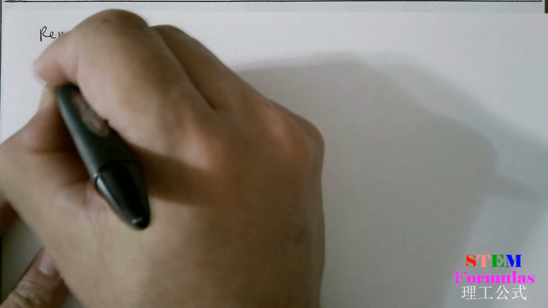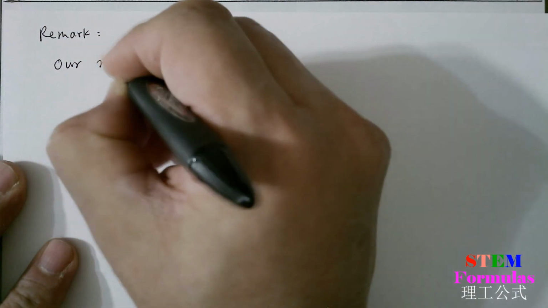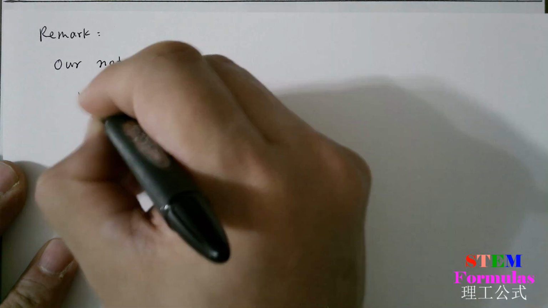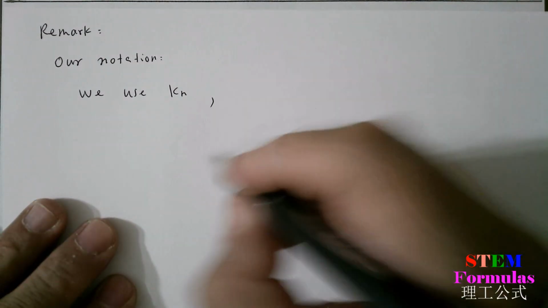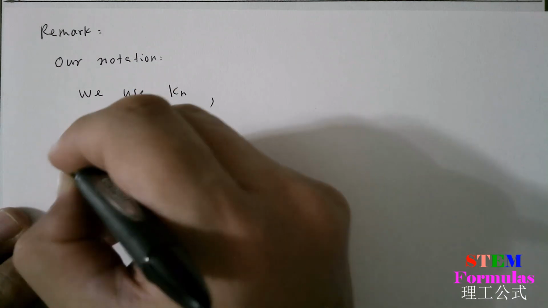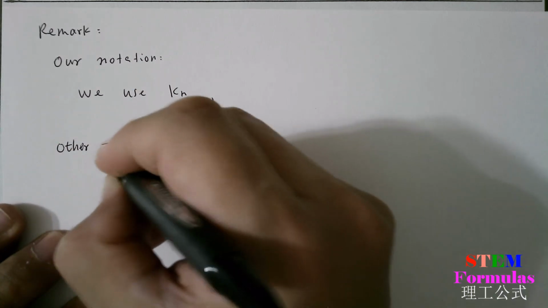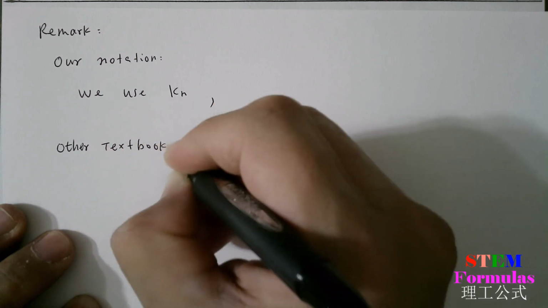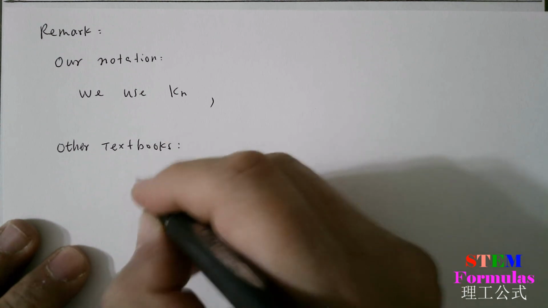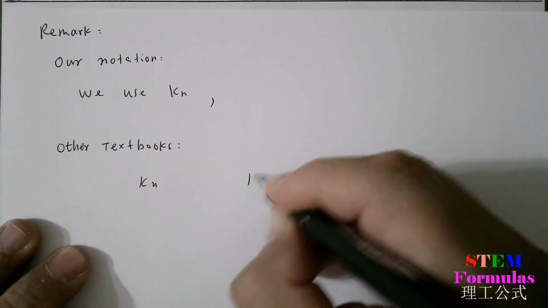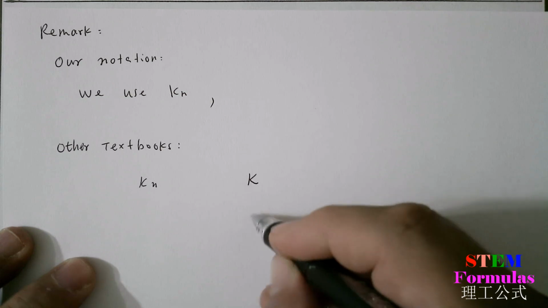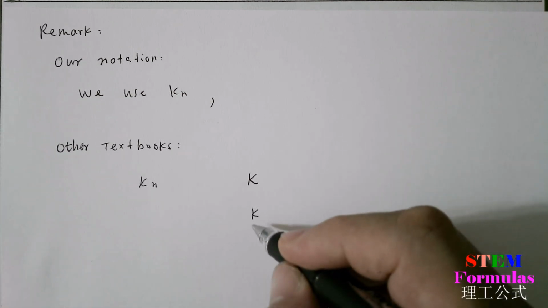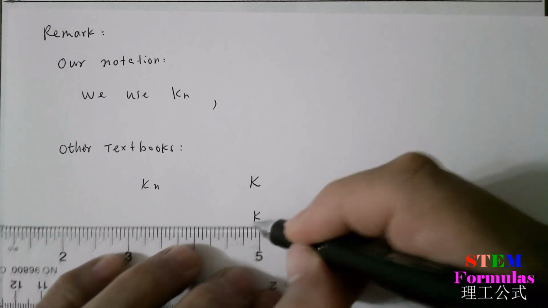Okay, the remark is this. Our notation uses Kn, but some other textbooks use K, and some other textbooks use K divided by 2.